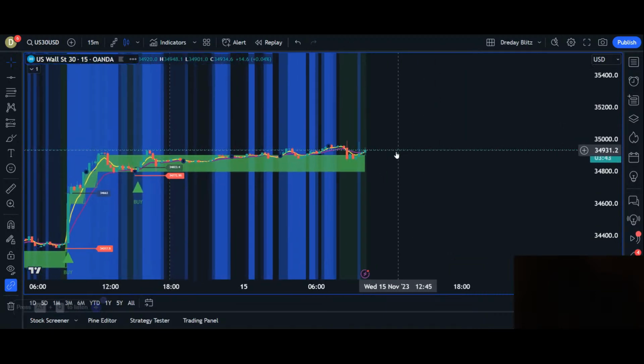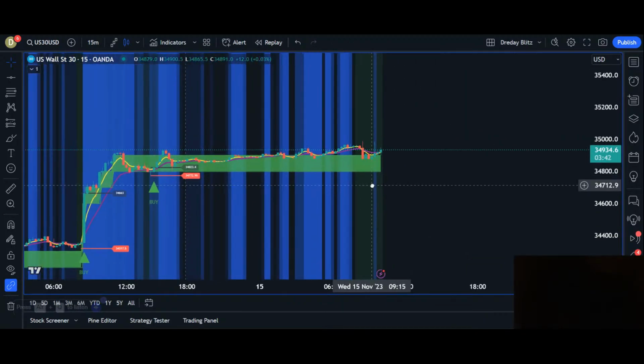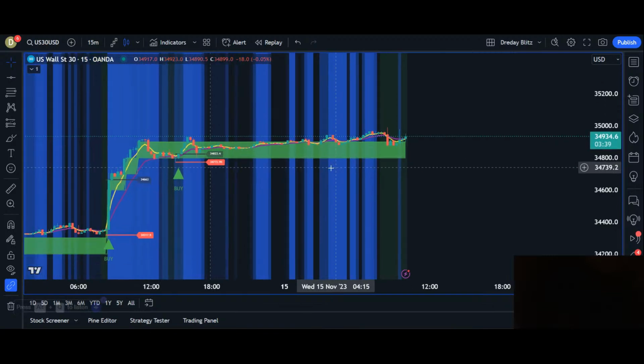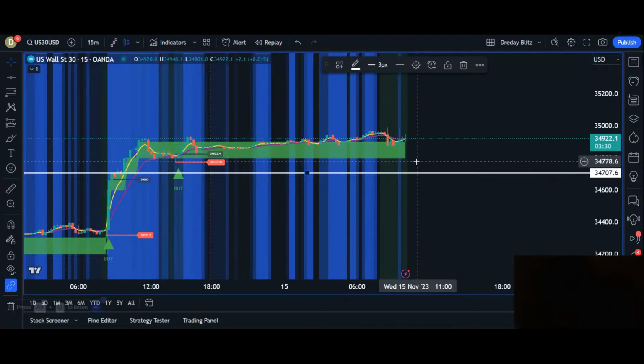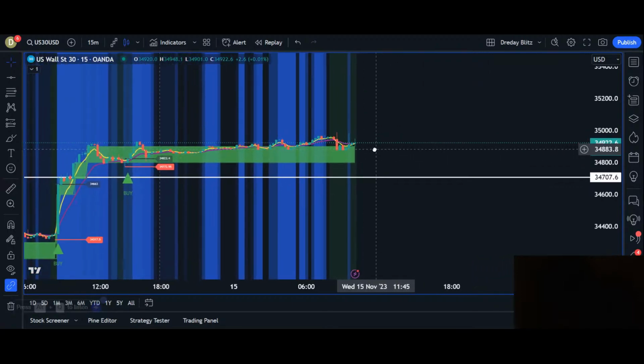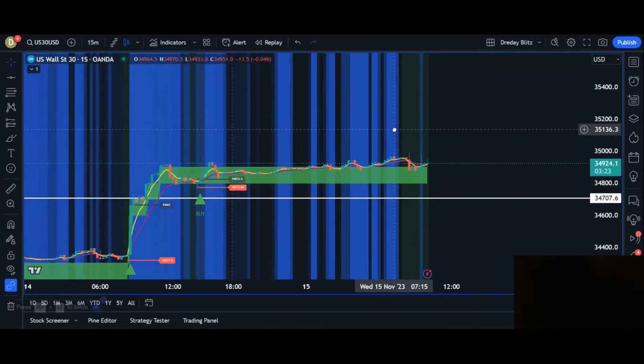So what you do here is you put your stop loss at the previous Renko. Okay, so that's the first step. Your stop loss should be in around that region. Okay. And take profit.